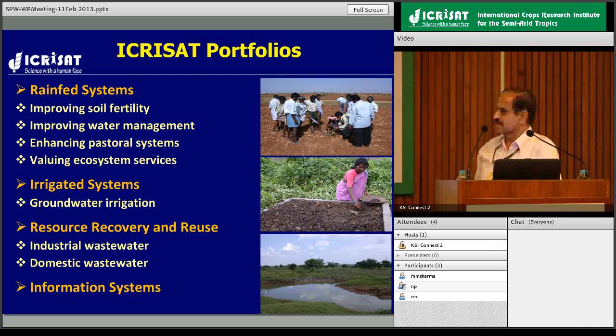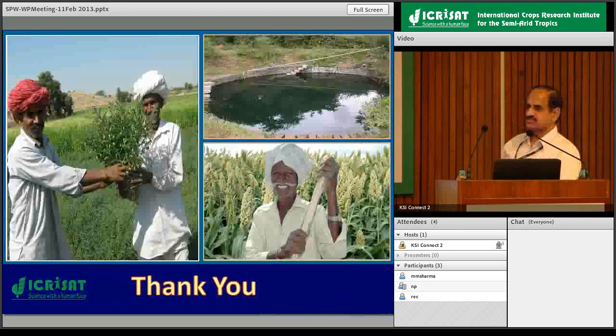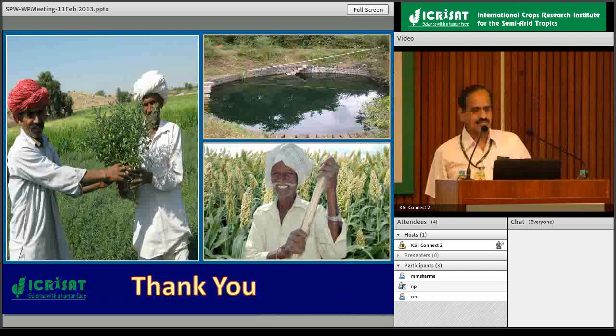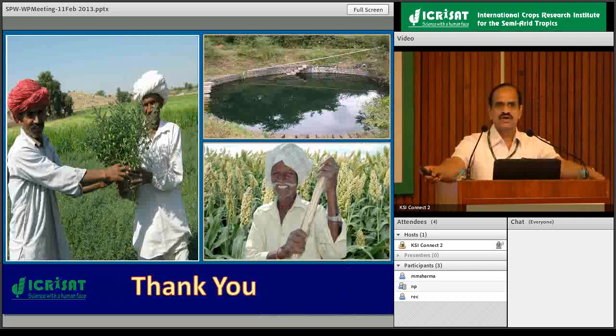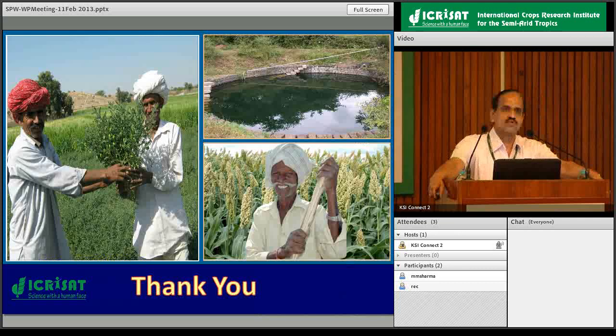We also are involved in the information systems, and in this particular SRP at ICRISAT, we are directly associated with the gender group, and we have a team of scientists working on gender issues in watershed management along with the gender specialist.